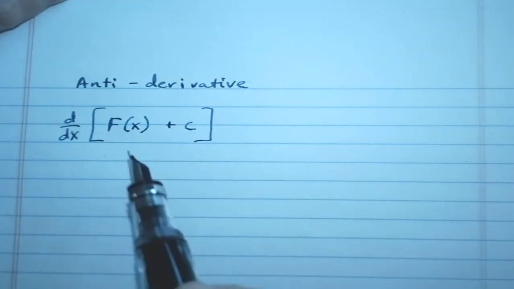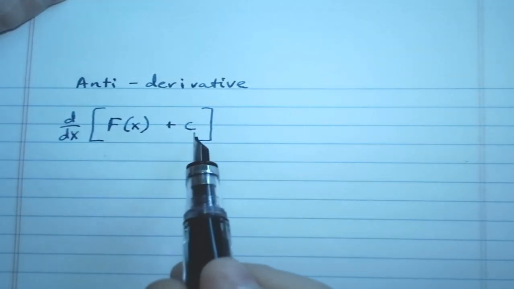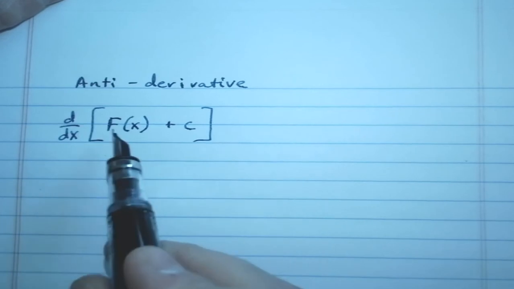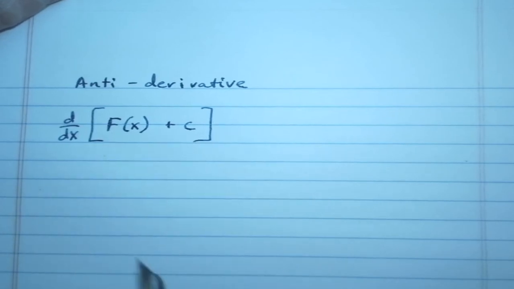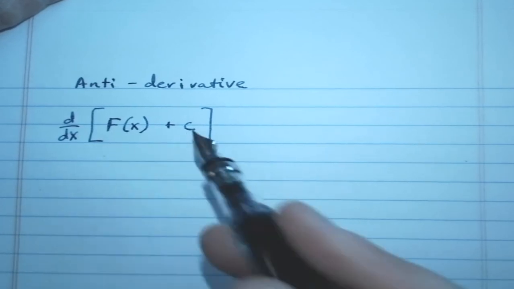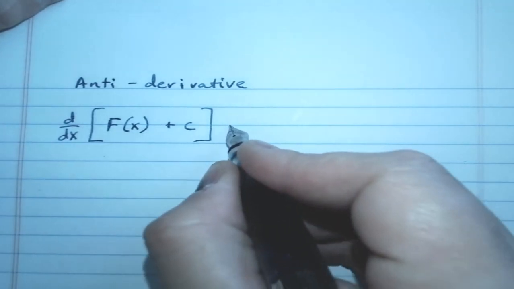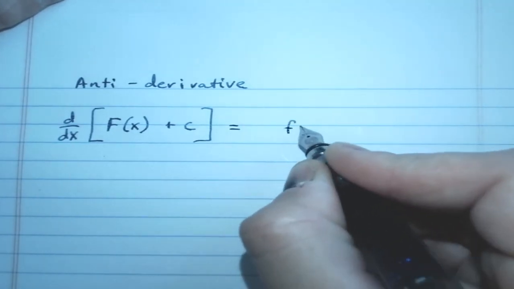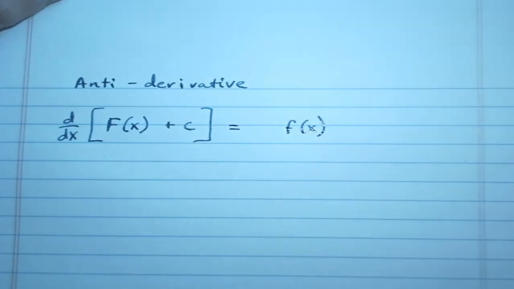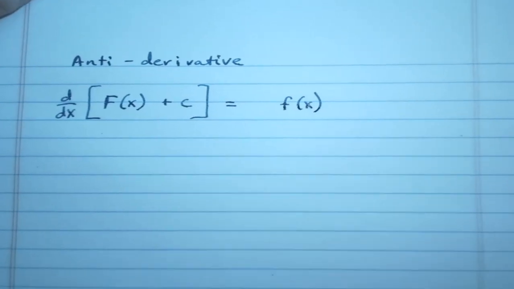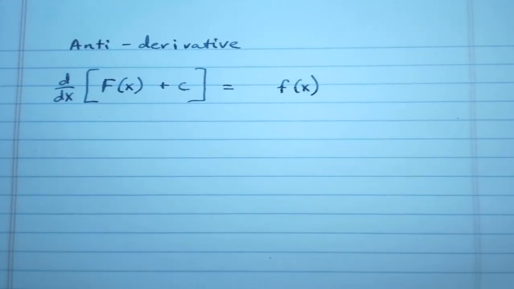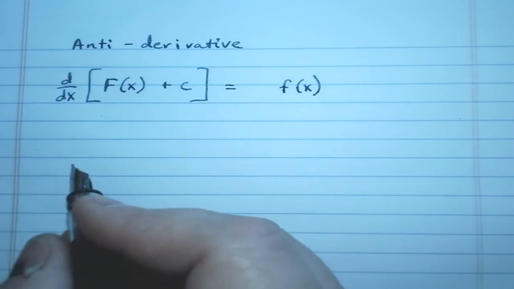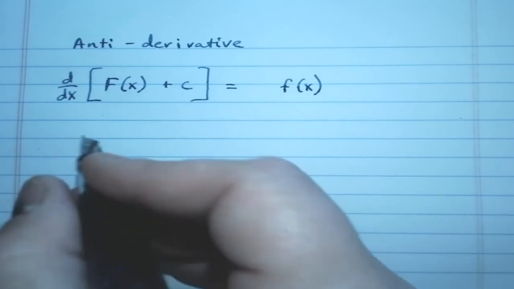So it'd be x squared plus 5, 5x plus 8, whatever be the case. Some function plus a constant, a number. And that became a new but similar function, f of x. Today we're going to introduce the antiderivative.